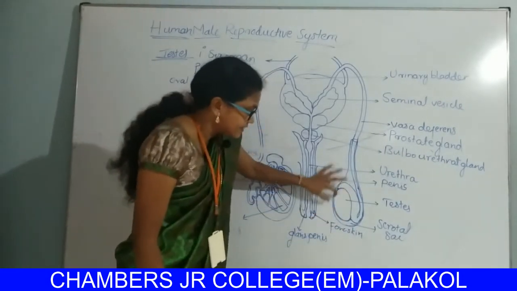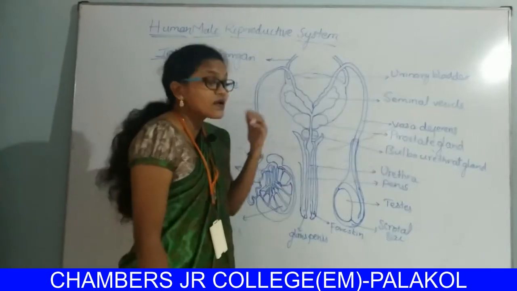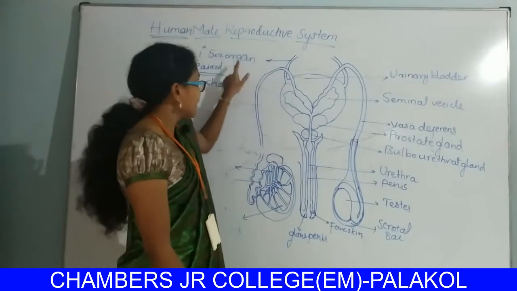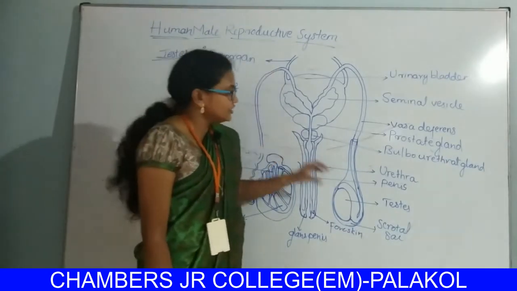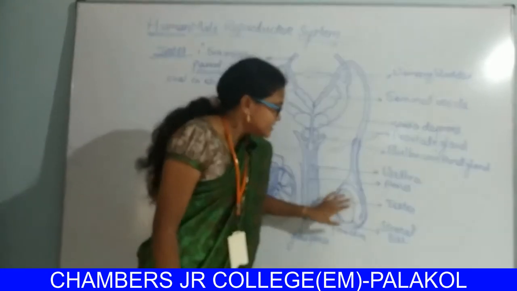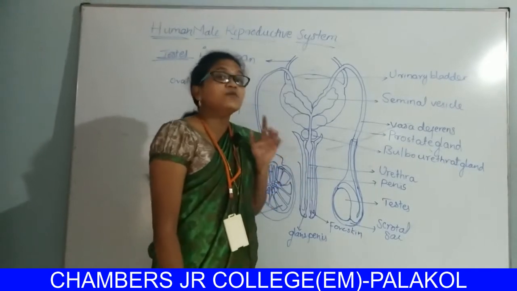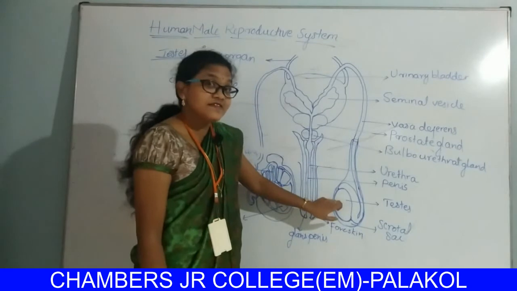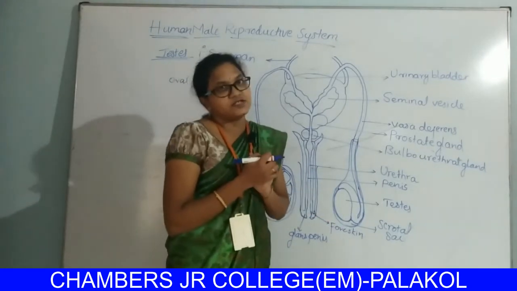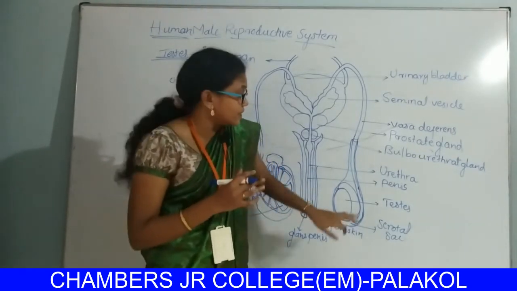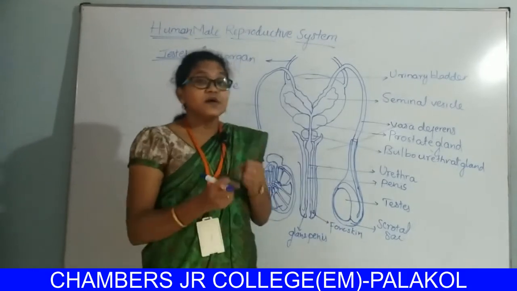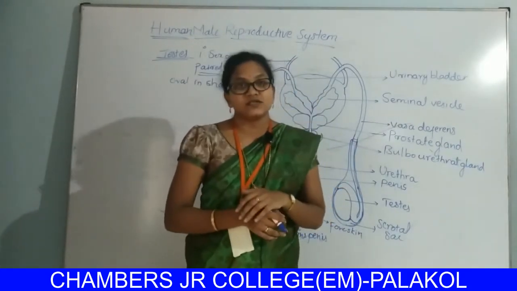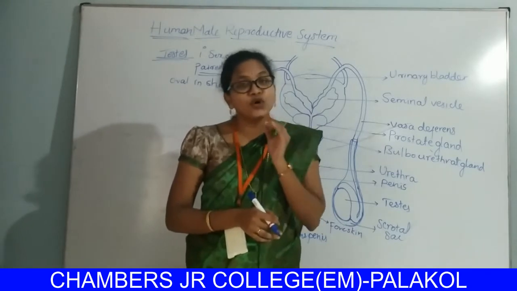So in the testis, sperm cells are produced. These sperm cells are called male gametes, right? Spermatogenesis requires low body temperature. Sperm cells cannot tolerate high temperature. So they should maintain a low temperature.